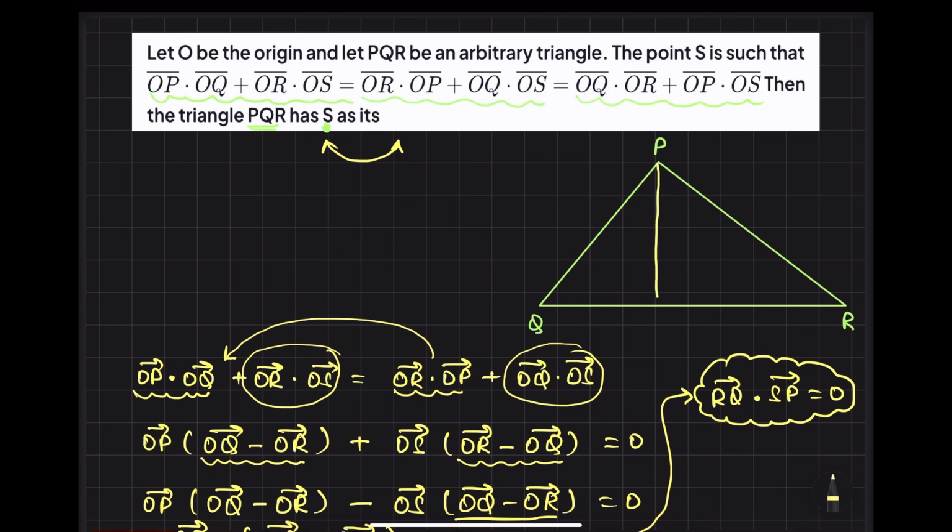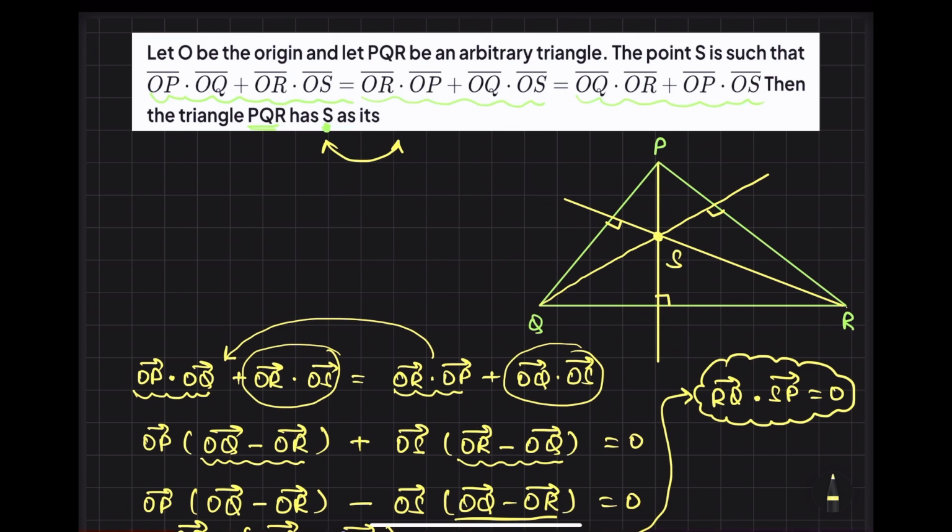So SP and RQ would be perpendicular. Similarly, RS and PQ will be 90 degrees. Similarly, QS and PR will be 90 degrees. This means here we will have S.